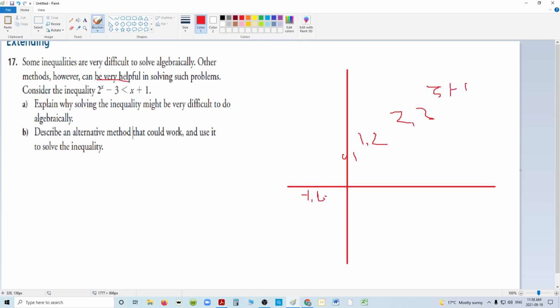Then if you look at this one, it's a growth curve that's been lowered by 3. And you should know some basic numbers on your growth curve right away. On your normal growth curve, when x is 0, you're going to get 1, and when x is 1, you're going to get your base. But all these have been lowered by 3.